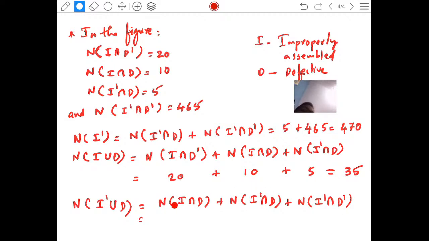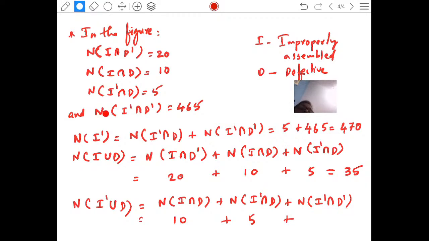So already we have n of I intersection D, which is shown by 10. So take that as 10 plus, then second is n of I complement intersection D. That is available, n of I complement intersection D equal to 5. And the third is n of I complement intersection D complement.